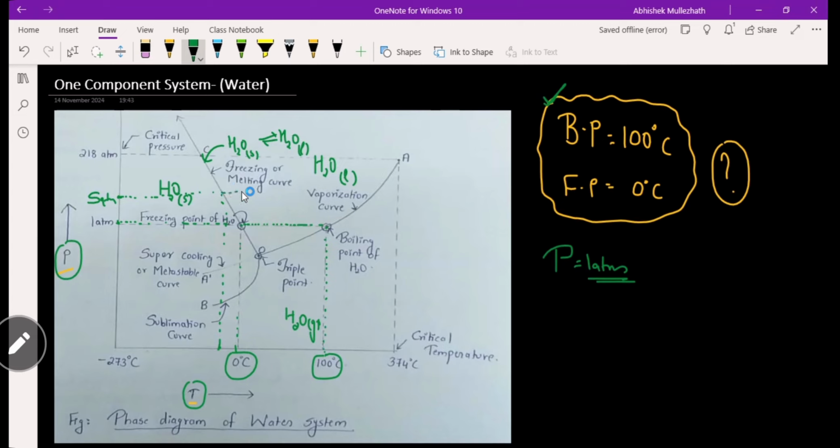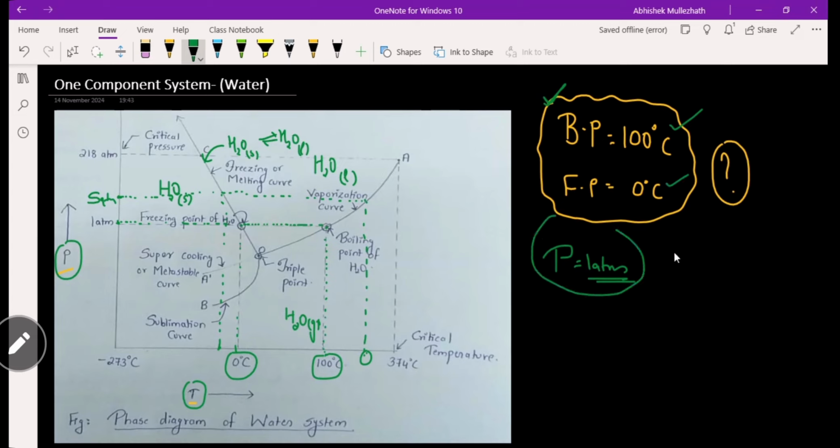Similarly, if I am again extending this line till the vaporization curve, and if I am extrapolating it towards the temperature axis, now it is also not meeting the boiling point, that is 100 degrees Celsius. So what we can conclude over here, that the boiling point of water, which we are telling as 100 degrees Celsius, and the freezing point of water 0 degrees Celsius, this is applicable only when the pressure is 1 atm.